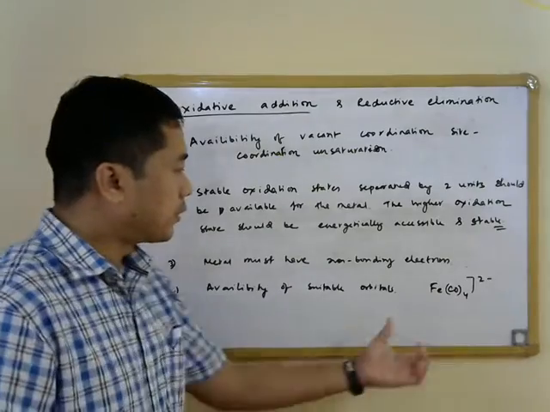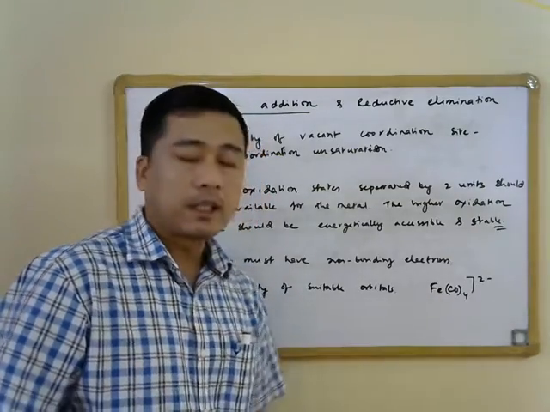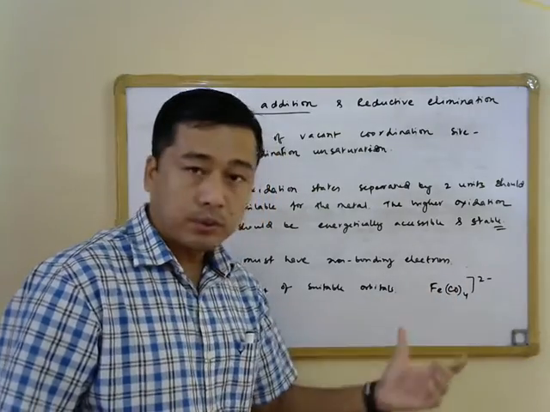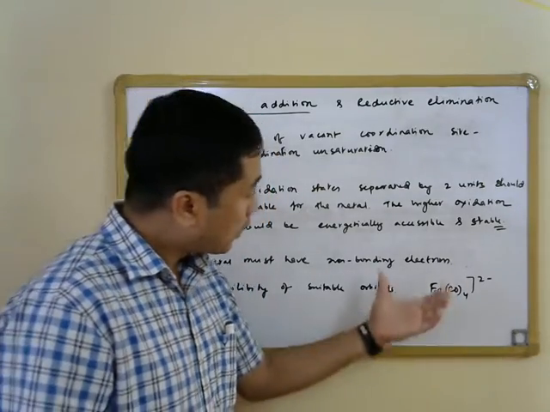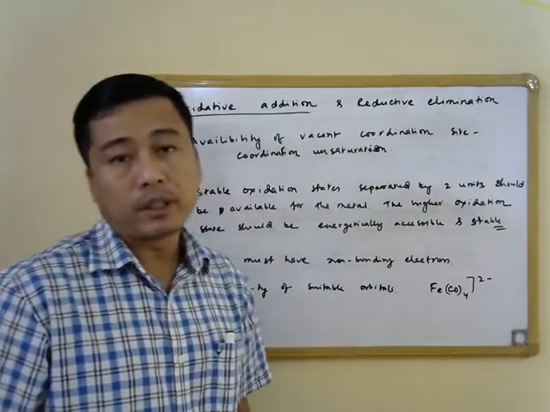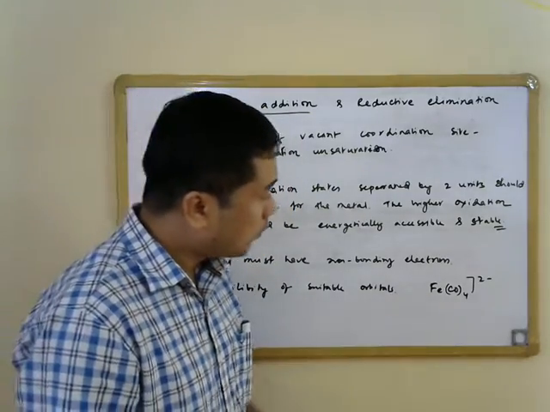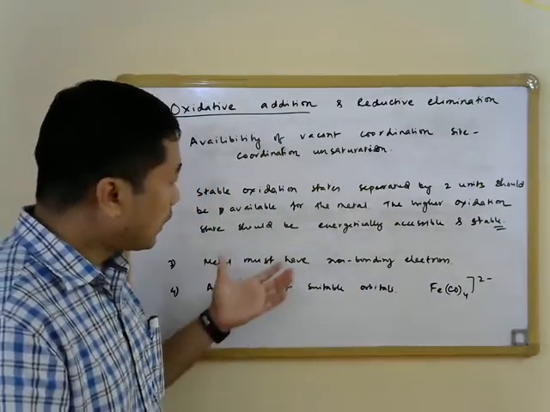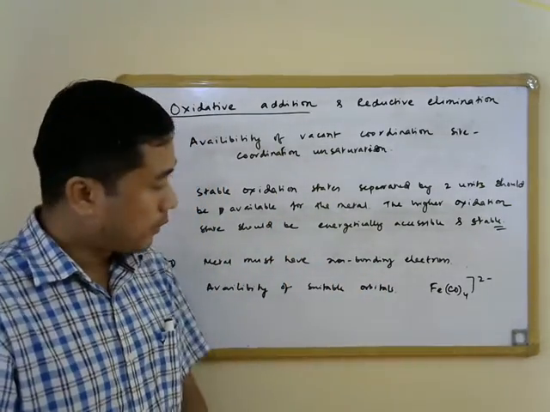This is a 4-coordinate complex, but this is an 18 electron complex. Even though this complex is 4-coordinate and it has coordination unsaturation in it, this complex will not be able to undergo oxidative addition reaction simply because of non-availability of suitable bonding orbitals.